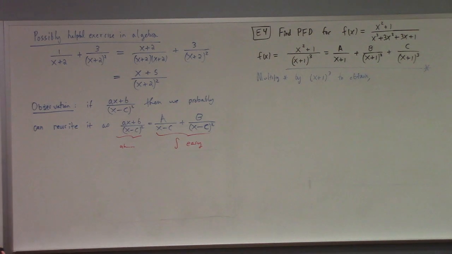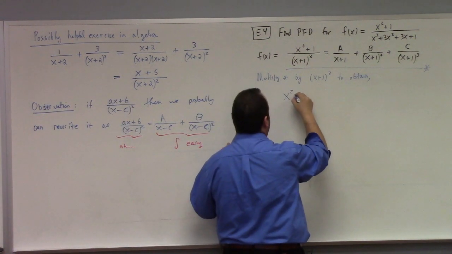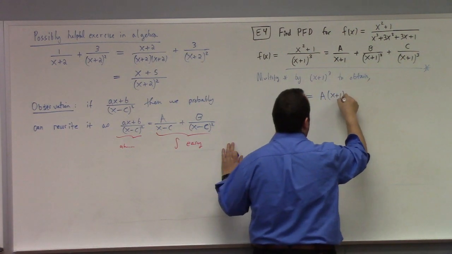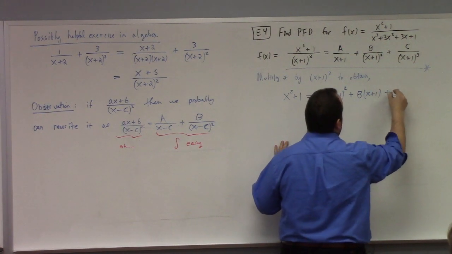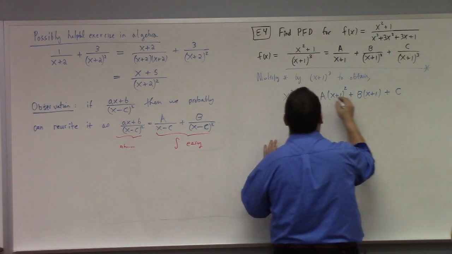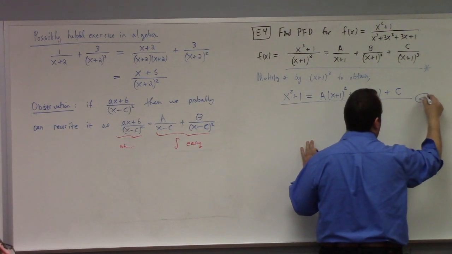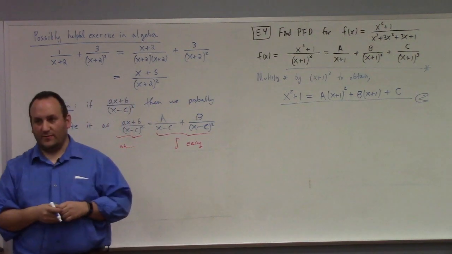All right. That gives us x squared plus 1 equals a times x plus 1 squared plus b times x plus 1 plus c. I will call this Pac-Man. So let me introduce a new notation.